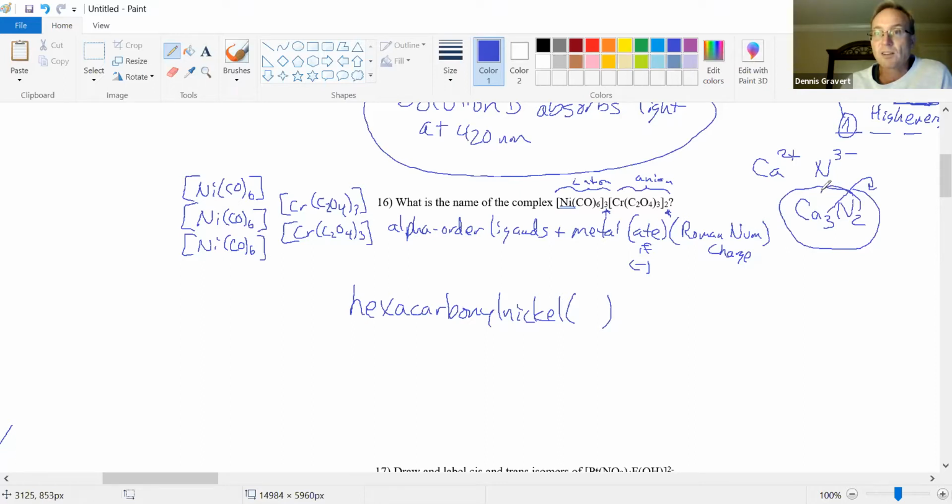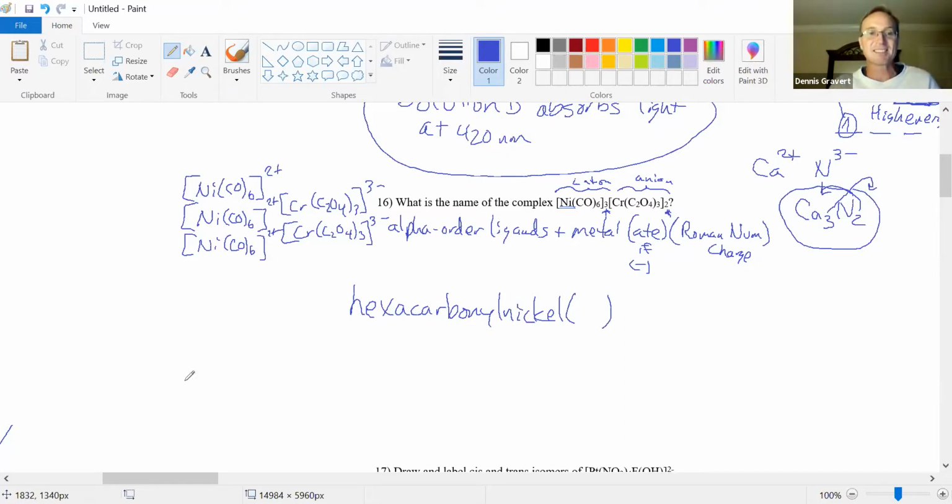Put the 2 there and the 3 there. And that will work. If these are all +2 and this is a -3, all the charges balance out. Cool. Okay. Then if one nickel complex, the whole brackets, is a +2.